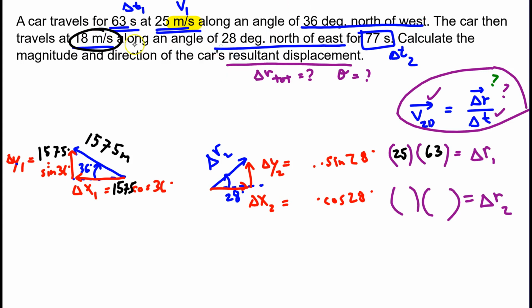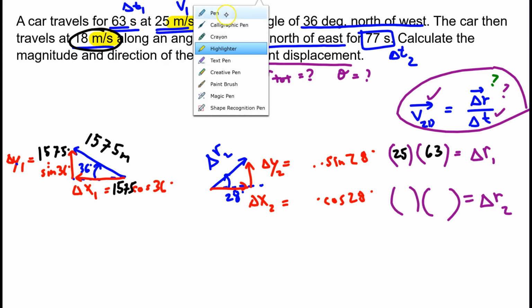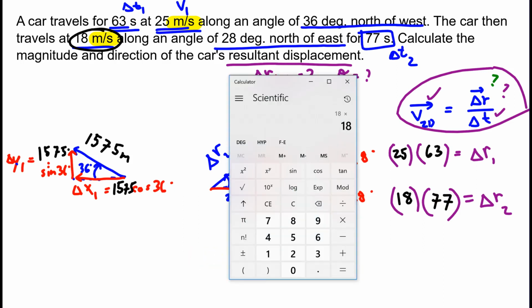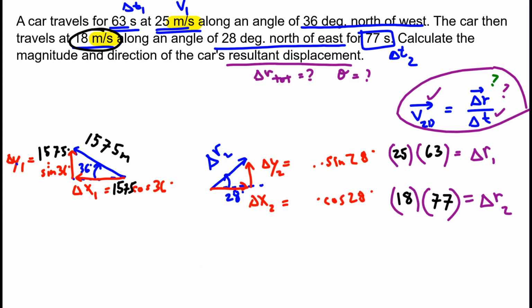I know it's velocity because it's in meters per second. So I've got 18. How long is it traveling at that velocity? 77 seconds. And when I calculate, 1386. That's the actual hypotenuse that I need.